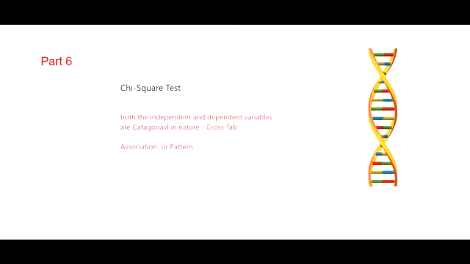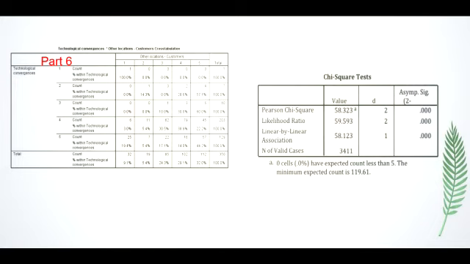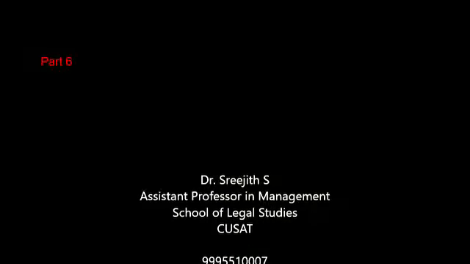However, chi-square test can be performed only if the expected count in each cell is more than 5. And the association can be statistically proved if the p-value is less than 0.05.